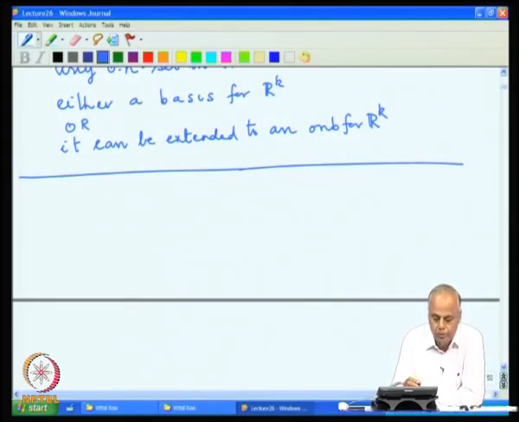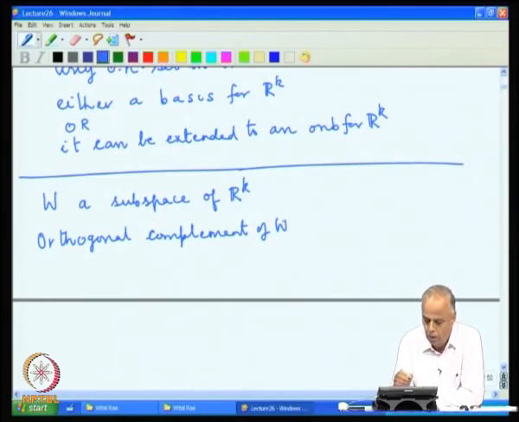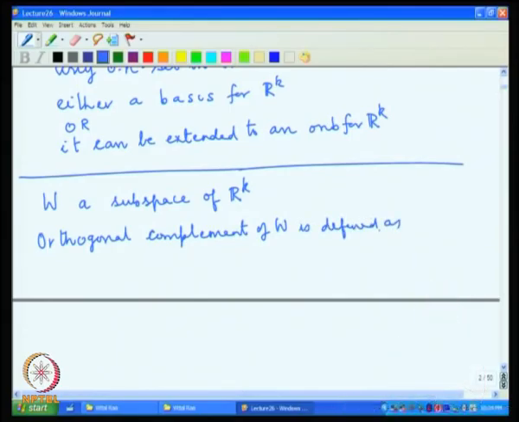So, then we introduce the notion which we looked at last time, namely that W is a subspace of R k, then the orthogonal complement of W is defined as W perp, that is the notation for the orthogonal complement.